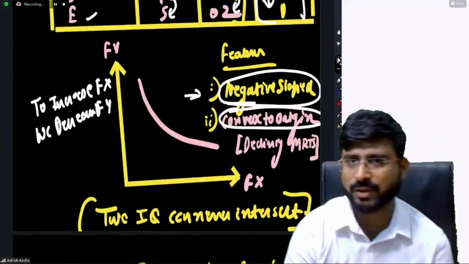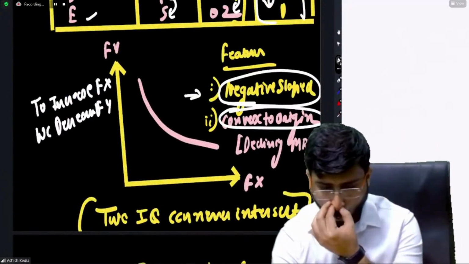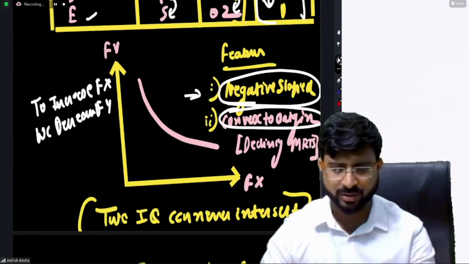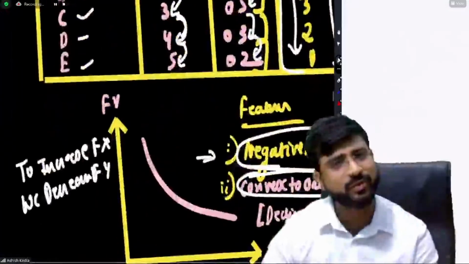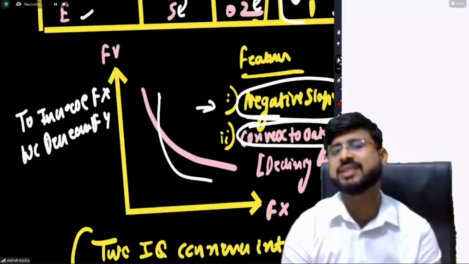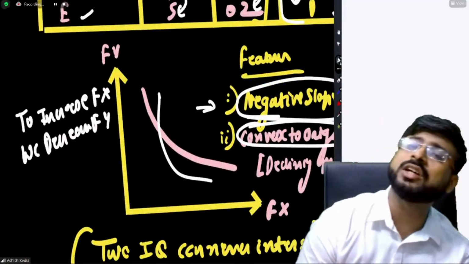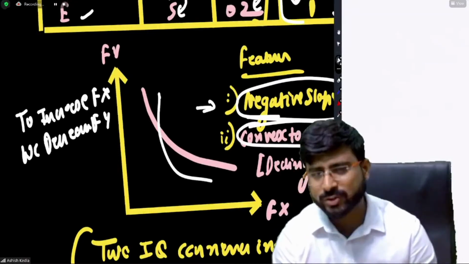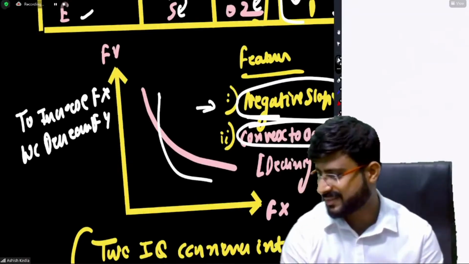Come on, is that clear, everyone? And my question to you is, isoquant is similar to indifference curve, right? Now you will tell me, can two isoquants intersect each other? Hint, you think about indifference curve.